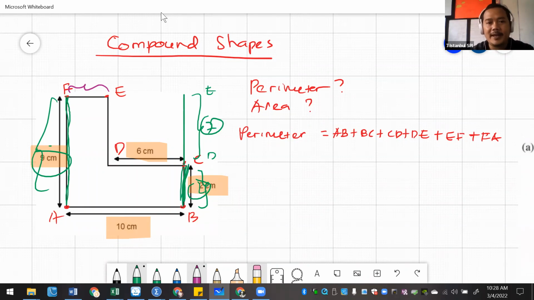Okay, how about EF then? Kalau EF gimana guys? Cynthia, mungkin? EF itu 2 cm, Pak. 2 cm. Oke, saya nanya Cynthia. Ya, EF. Saya nanya EF.